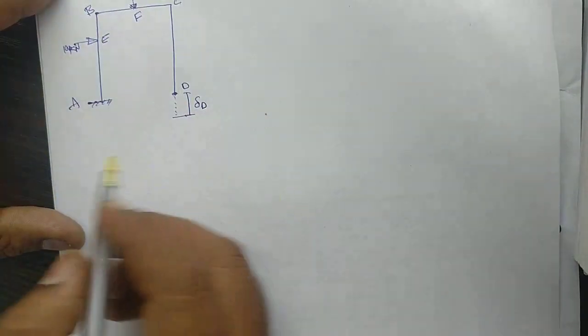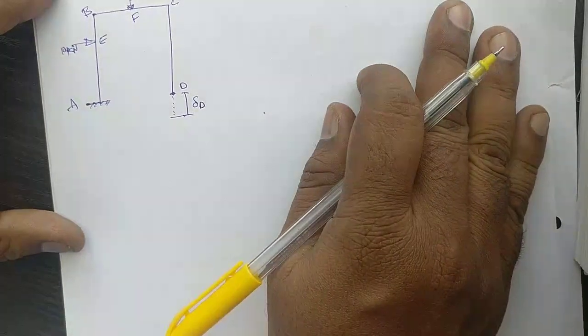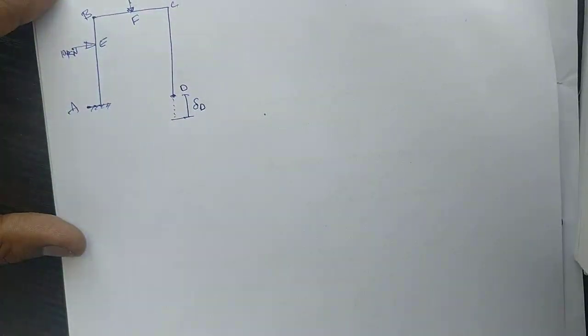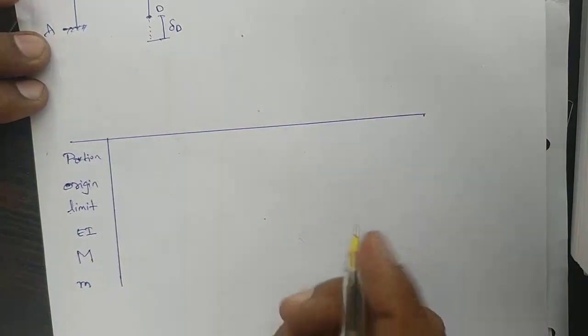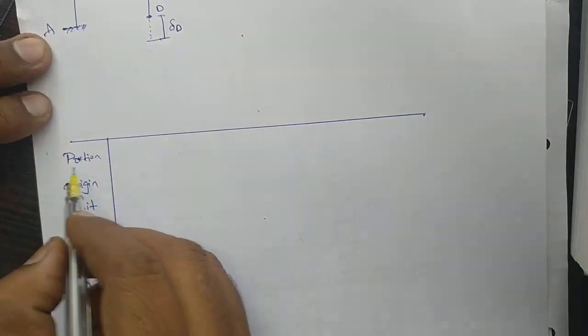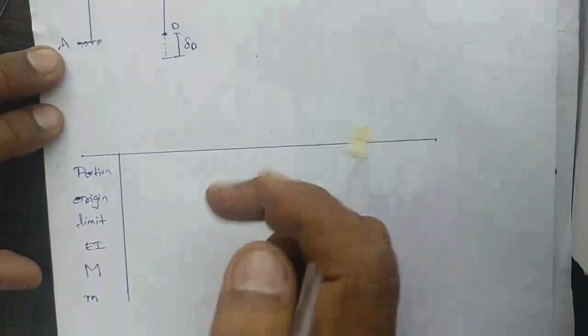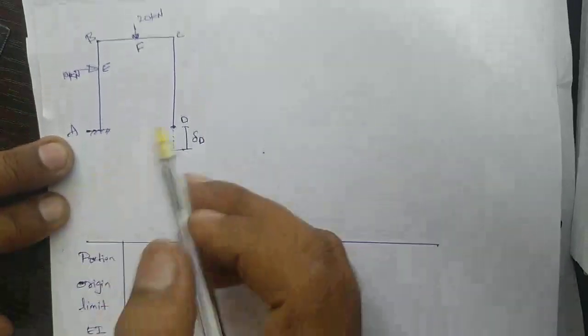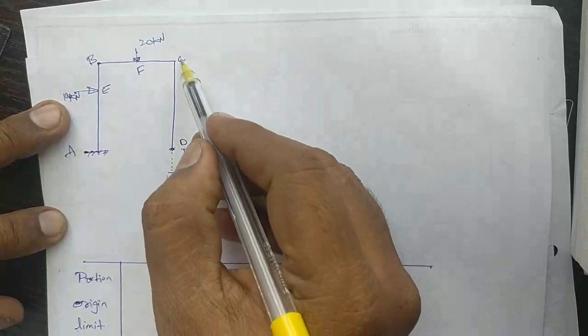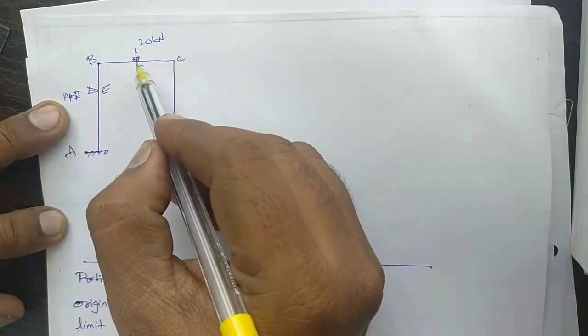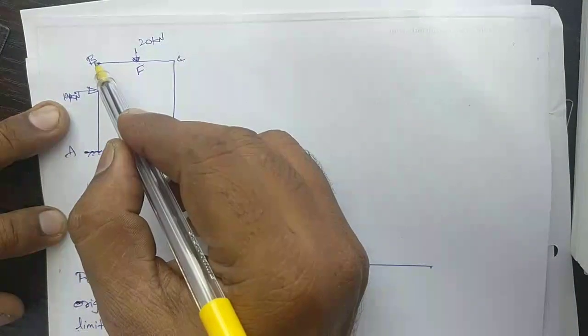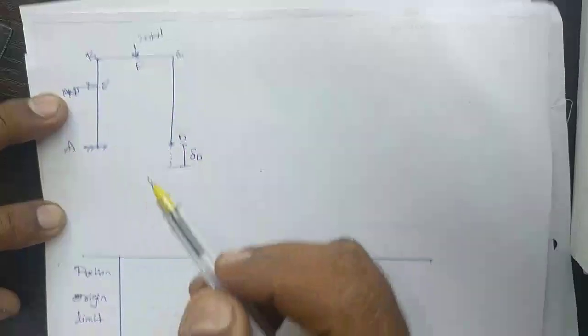So we'll start the problem here. First thing is we have to divide the whole frame into portions. So we have portions DC, CF, FB, and we have BE and EA.